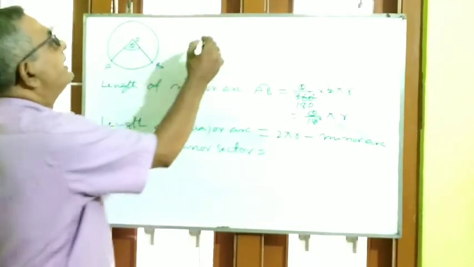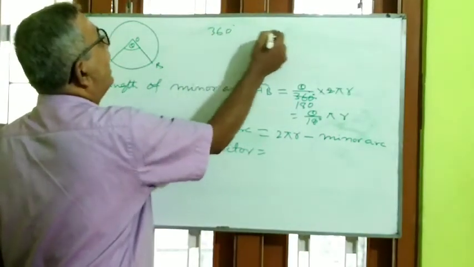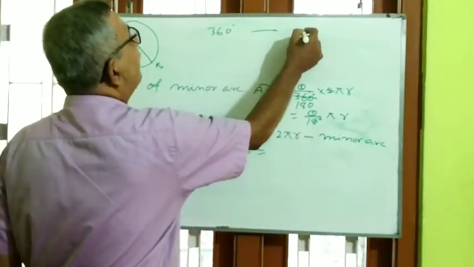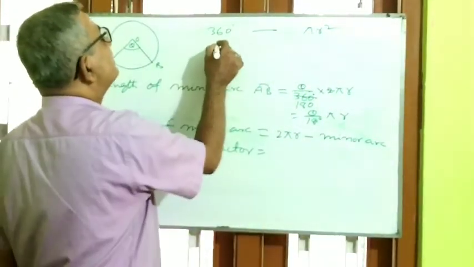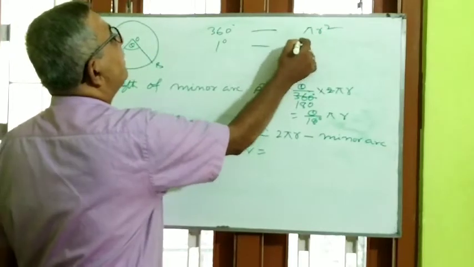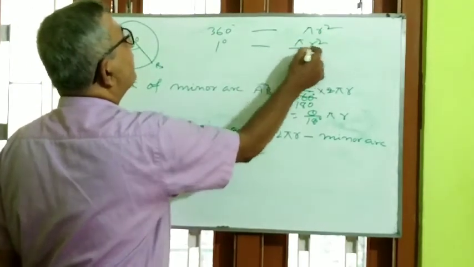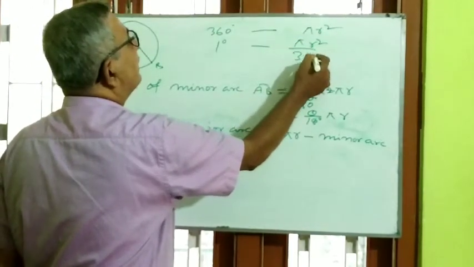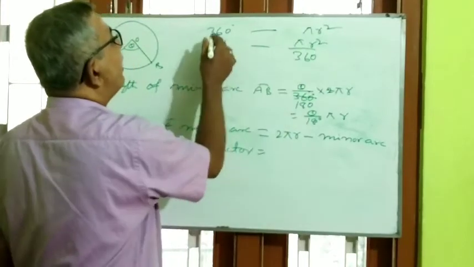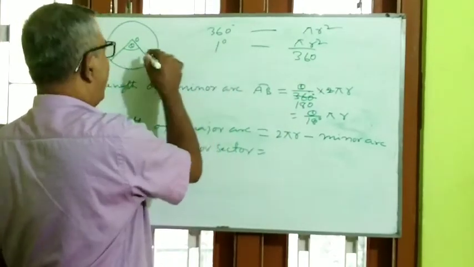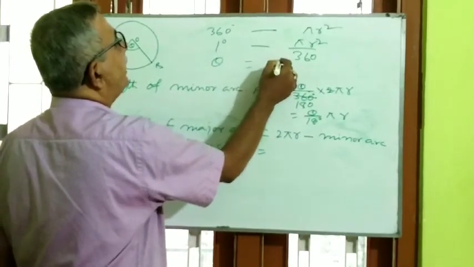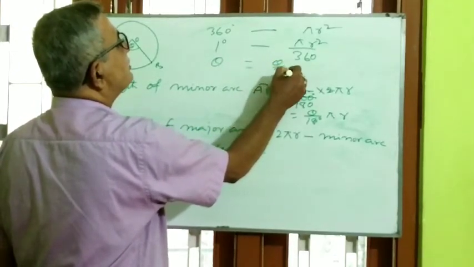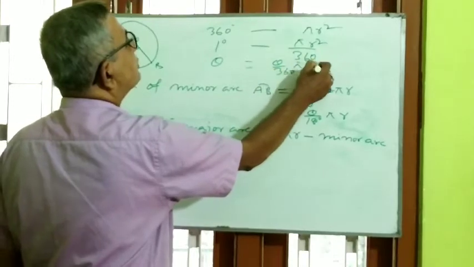When angle at the center is 1 degree, then pi r square by 360. Understand? When you are getting a theta angle, then what you are getting? Theta by 360 pi r square.